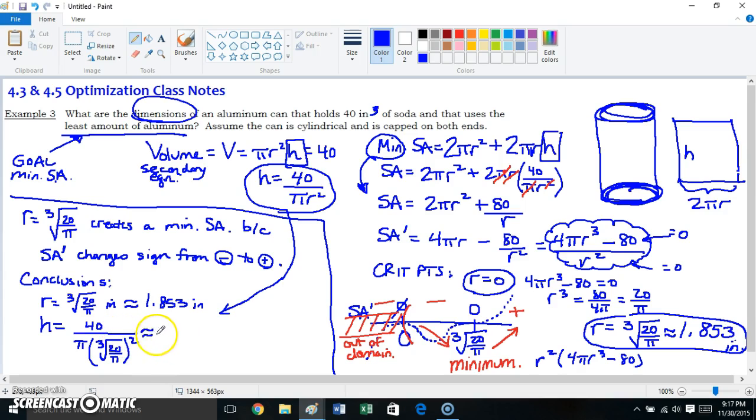Evaluating that on the calculator to find an estimate, we would get 3.706 or 3.707 inches for the height. Okay, that is the answer to question number 3.